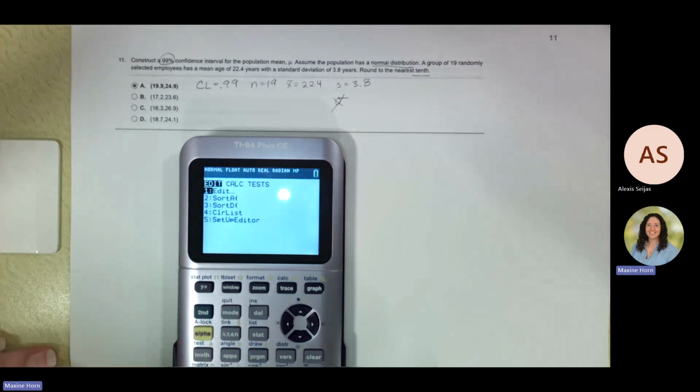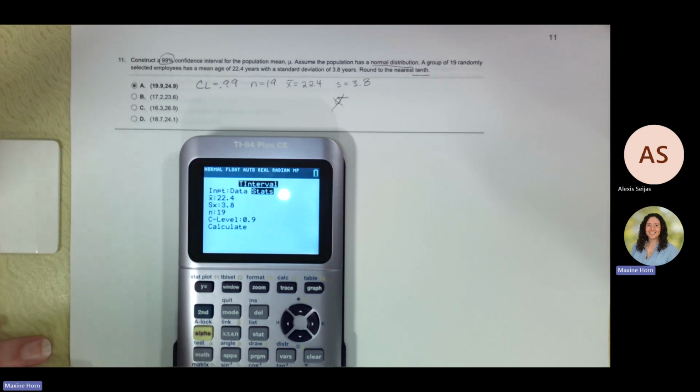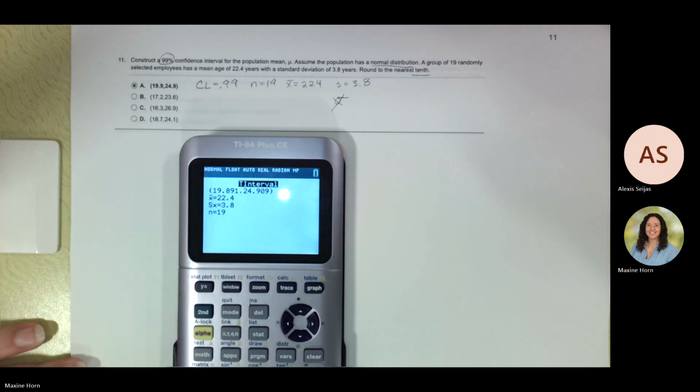I'm going to go stat, arrow over to tests, and go down to 8, T interval. I'm going to plug in the stats that I was given. I was given 22.4 as a sample mean, 3.8 as sample standard deviation, sample size of 19, and a confidence level way up there at 99%. So if I round to 1 decimal place, that's what I'm getting.